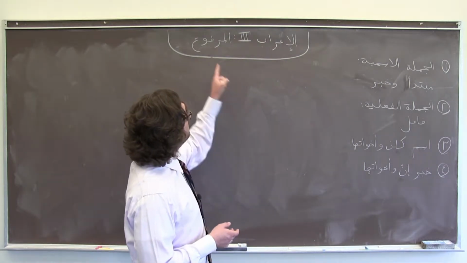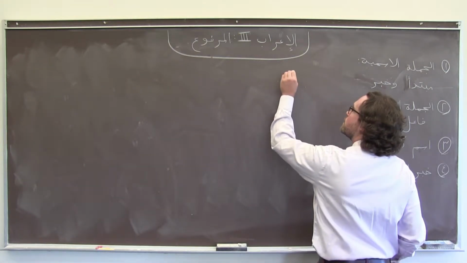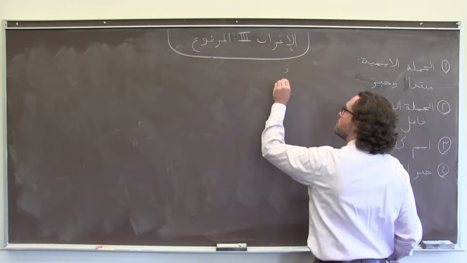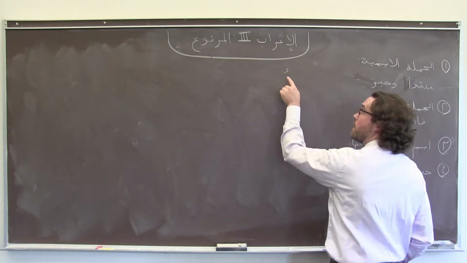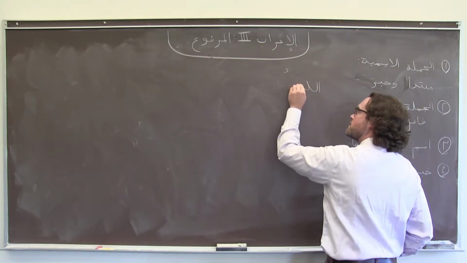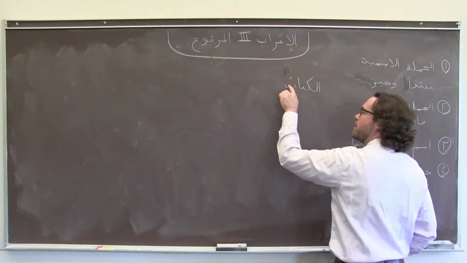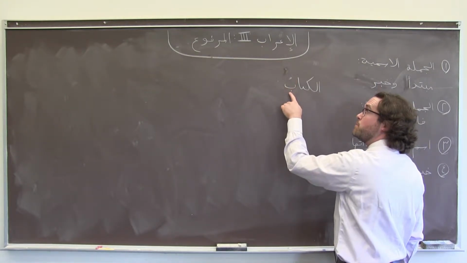So to mark marfu'a in a sentence on a singular noun, we'll typically use dhamma. So on a definite noun, I would say al-kitab. I would add a dhamma there, so I would pronounce it al-kitabu.